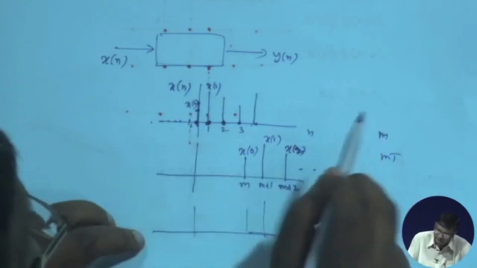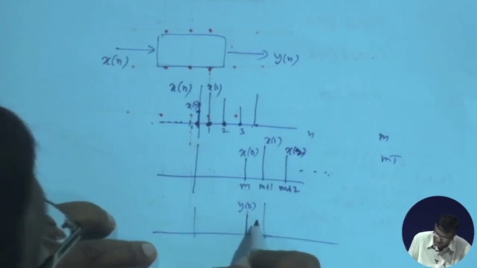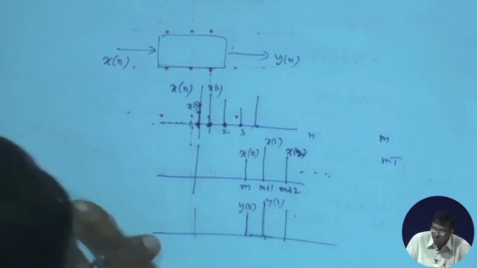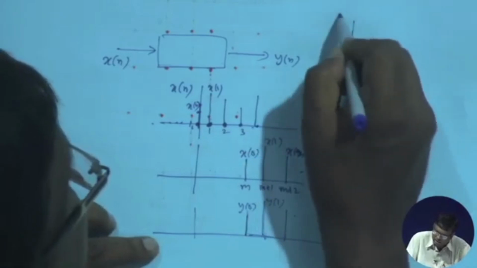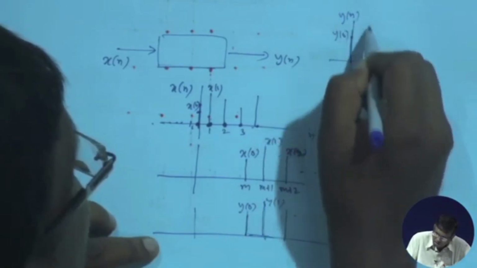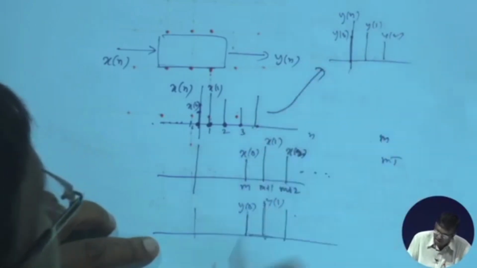Whatever earlier was y 0, now y 0 will occur here, y 1 here, y 2 here. So the output also gets delayed. Our earlier output was like this: y 0, y 1, y 2, like that.